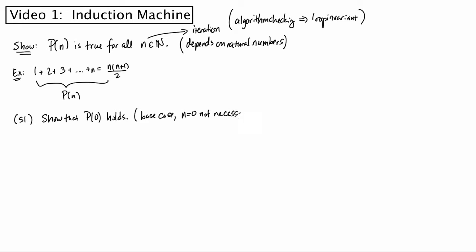But you can't backtrack. So for example, if I start my base case at n equal to 5, then the result is proved true for n greater than or equal to 5. But since I said I wanted to show it true for all n in the natural numbers, then I'm going to show the base case as the first natural number, which is 0. So I want to show that the case P of 0 holds.